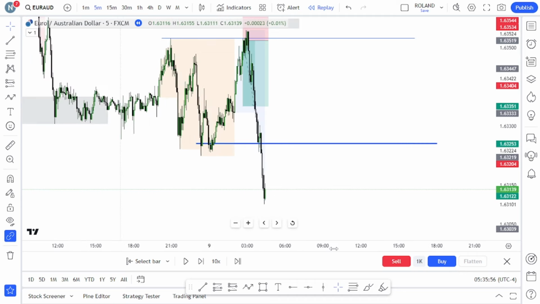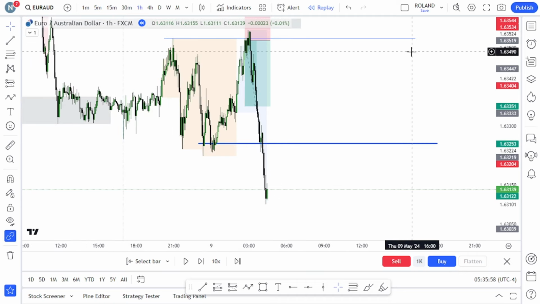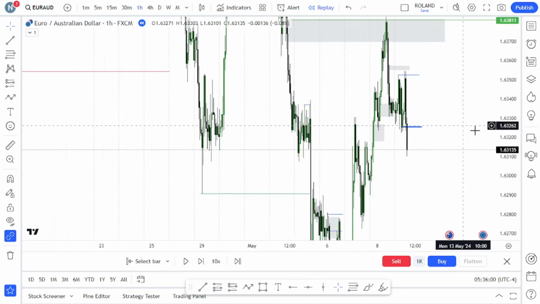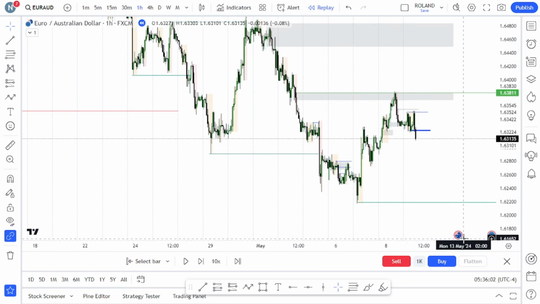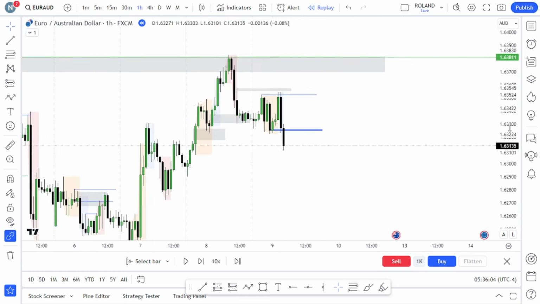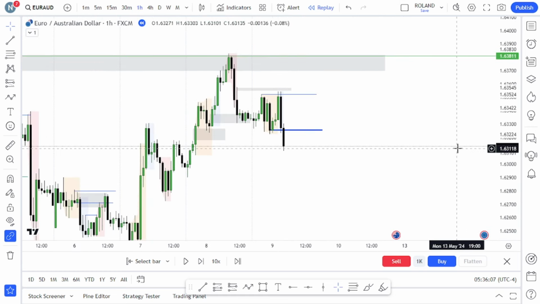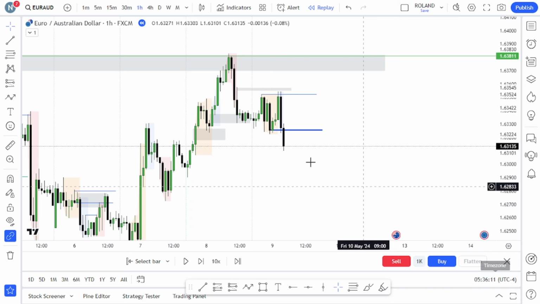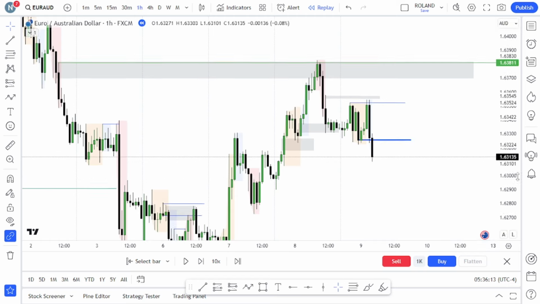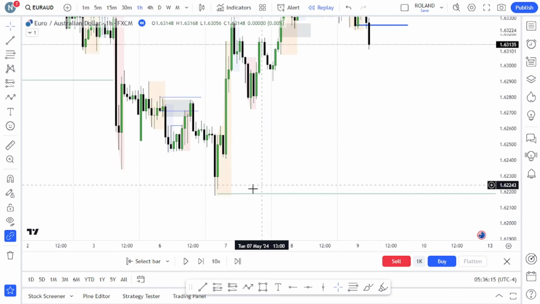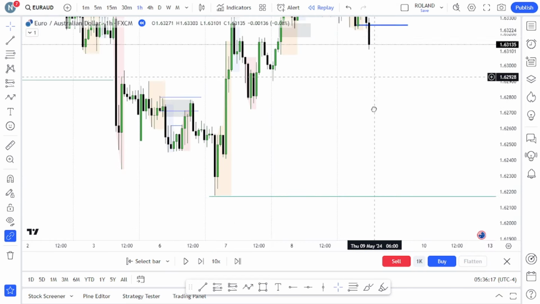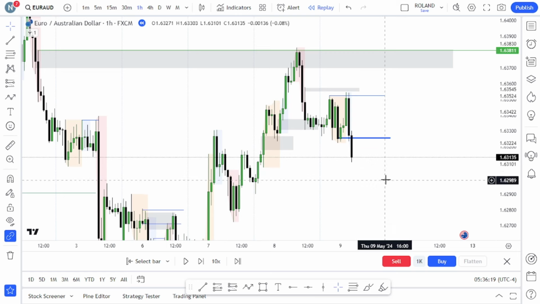So the first one is Euro AUD, this same day but the New York session. So London session is over. New York Q zone starts at 7 a.m. Eastern time, which is 12 p.m. Nigerian time. So the same principles, we are still bearish. Major draw on liquidity has not been met, so price has to drop lower.